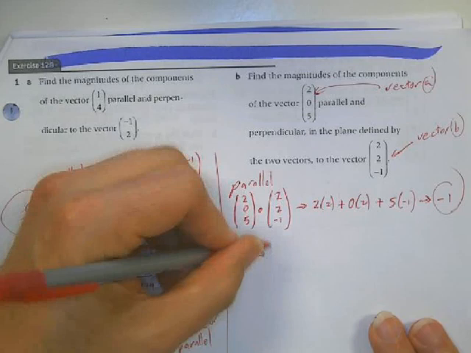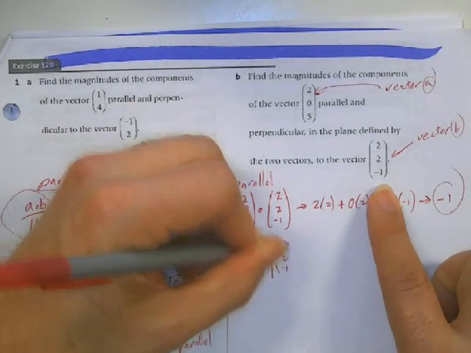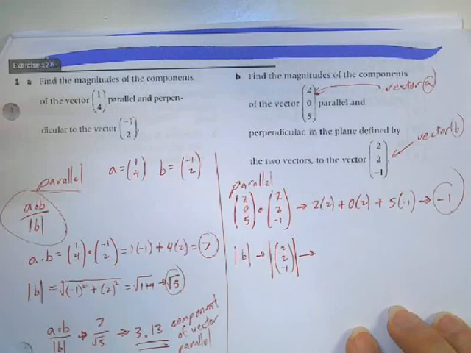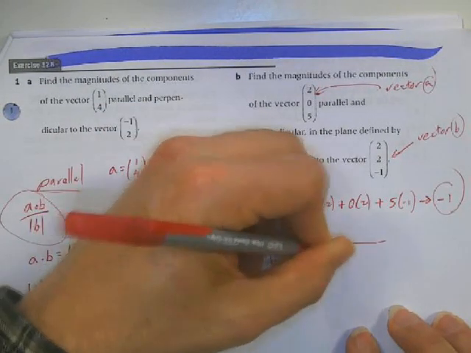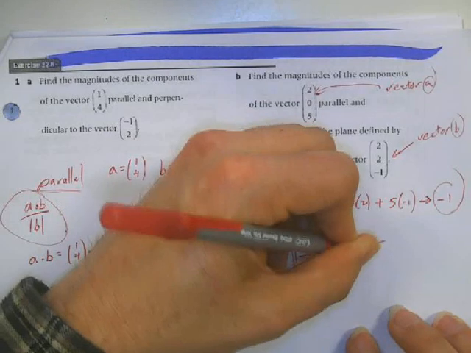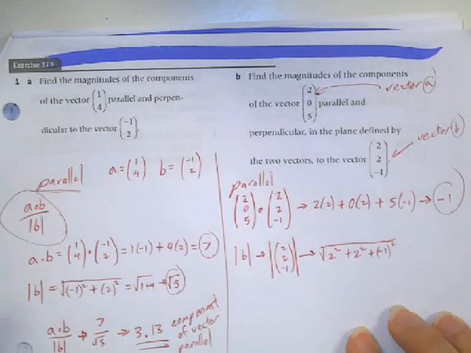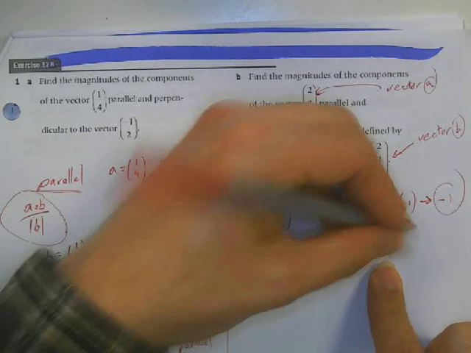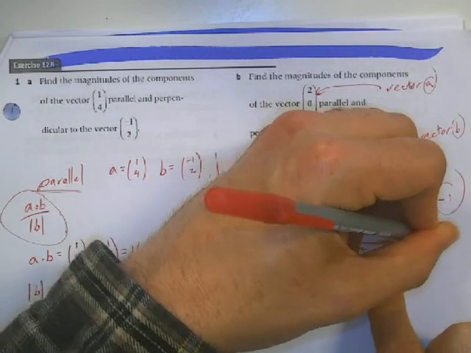The magnitude of 2, 2, negative 1 is the square root of 2 squared plus 2 squared plus negative 1 squared. 2 squared is 4, plus 4 plus 1 gives me the square root of 9, which of course is 3.